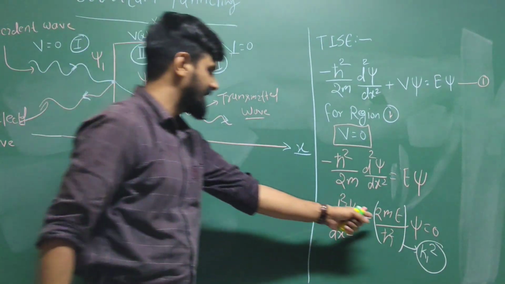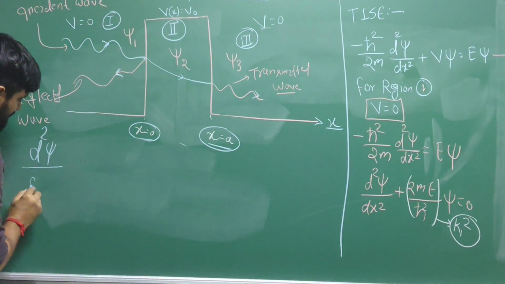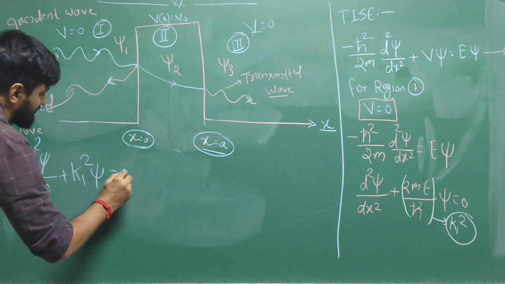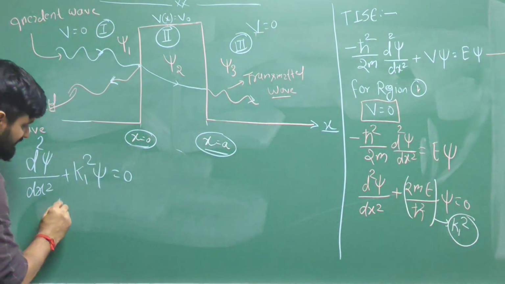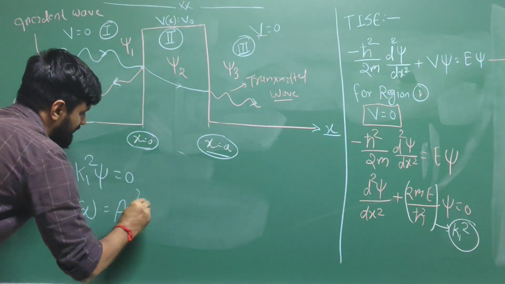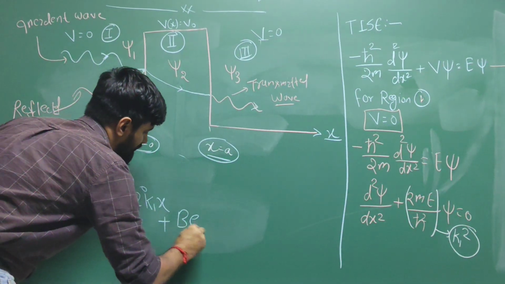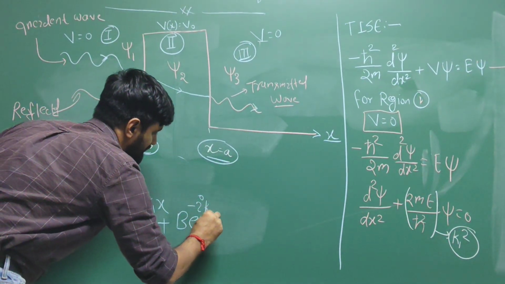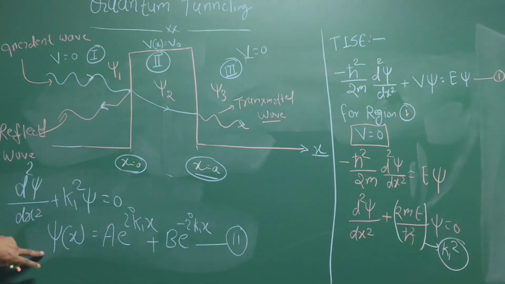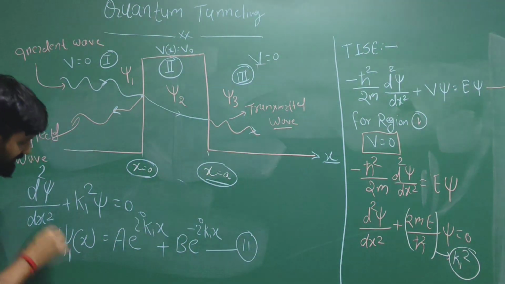So as we have assumed, this equation can be written as d2 psi by dx squared plus k1 squared psi equals 0, and the solution of this equation can be written as psi of x equals A e to the power i k1 x plus B e to the power minus i k1 x. Let's say this is equation 2. But as I told you, in region 1 I will assume the wave function as psi 1, so this will be called psi 1.